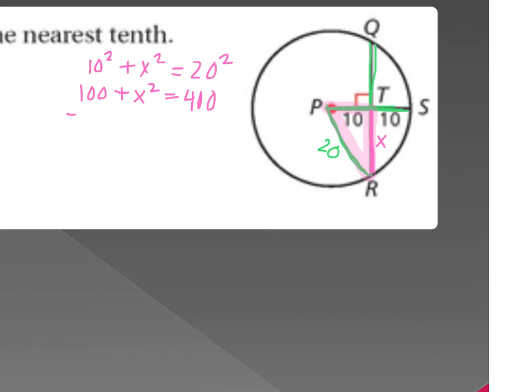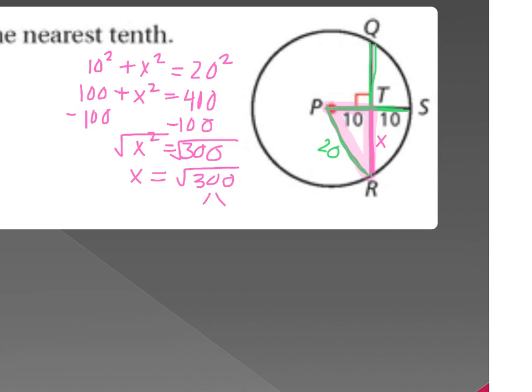We're going to subtract 100 here. So we have x squared is equal to 300. We're going to take the square root of both sides. So we have x is equal to the square root of 300, which we can simplify.